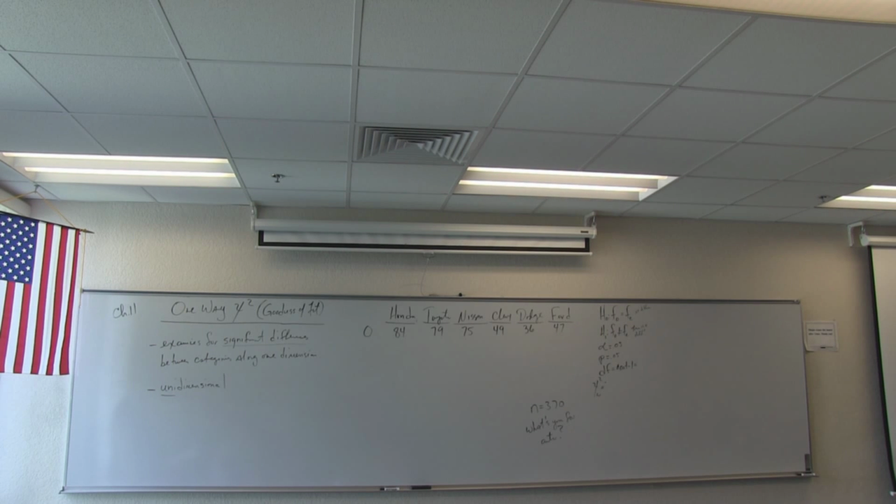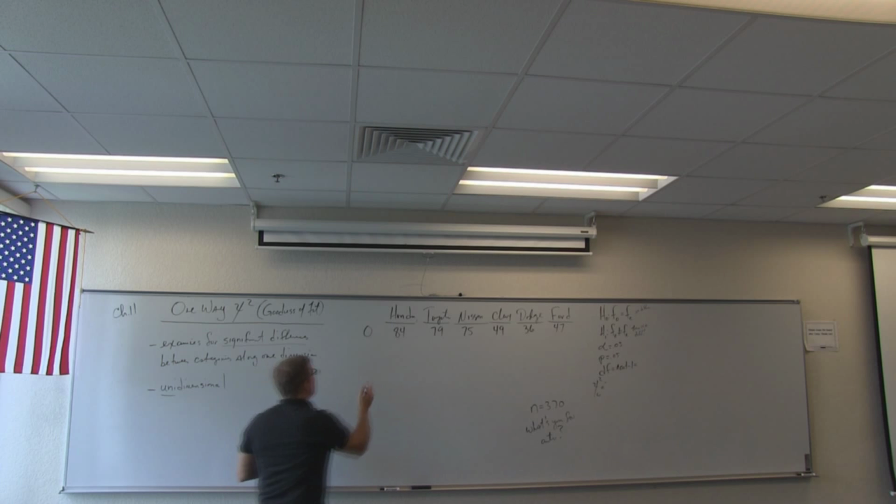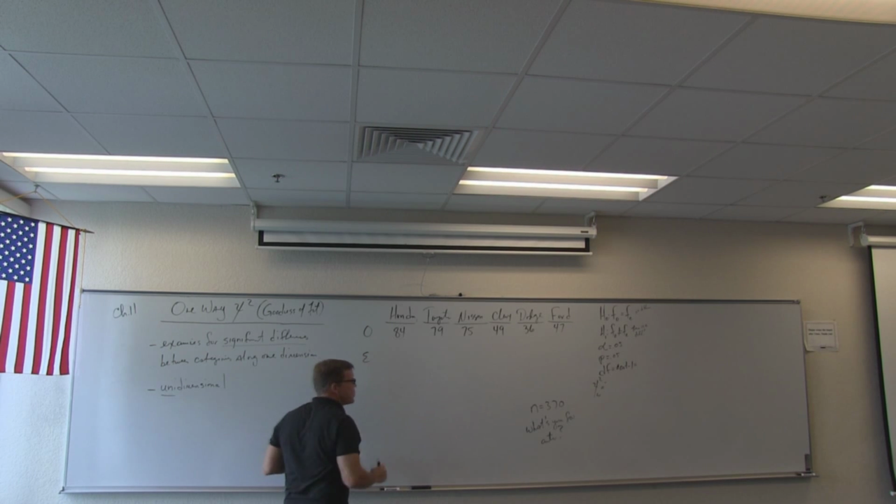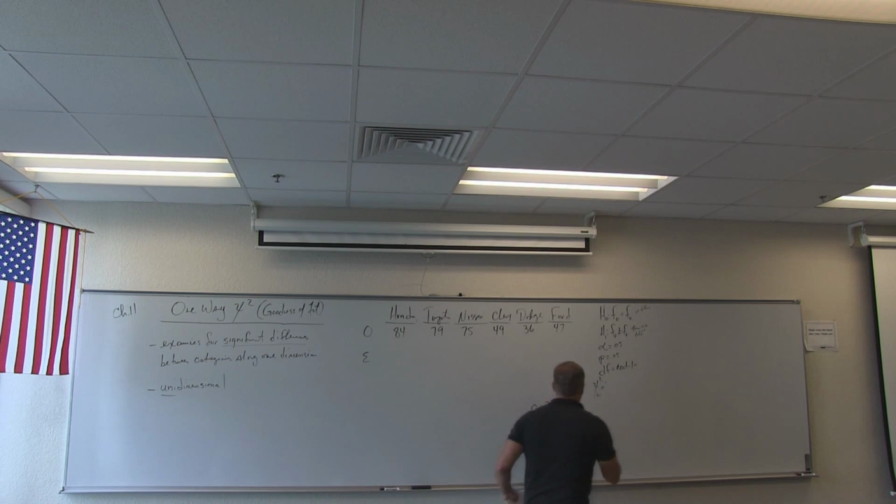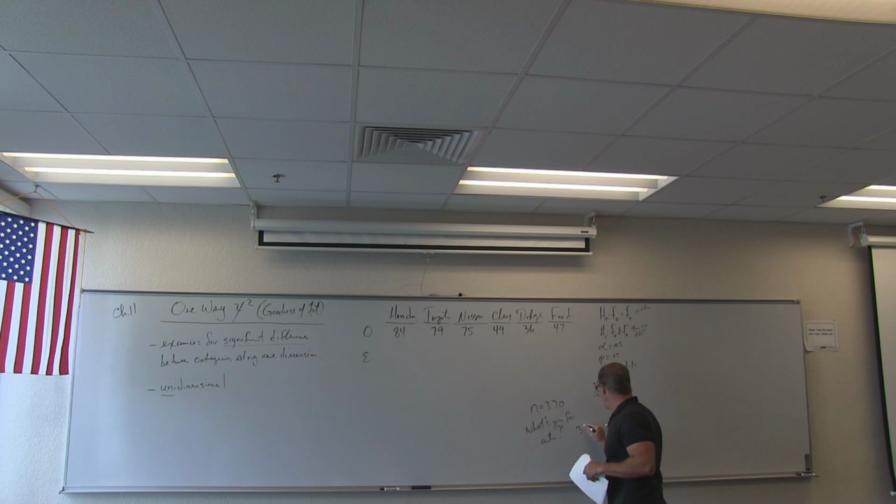Do we see a little pattern here? Our expected frequencies, the frequencies that we would simply expect by chance, we get by dividing 370 by 6.